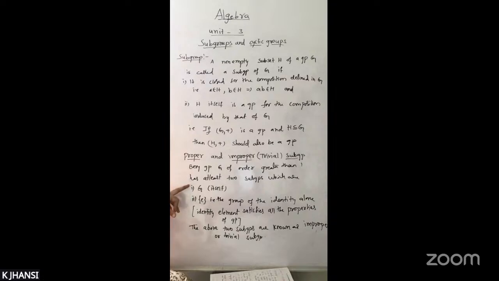So G itself, the group, whatever the G group is, and also the identity element, both are known as the improper subgroups. So the subgroups other than these two are known as proper subgroups.